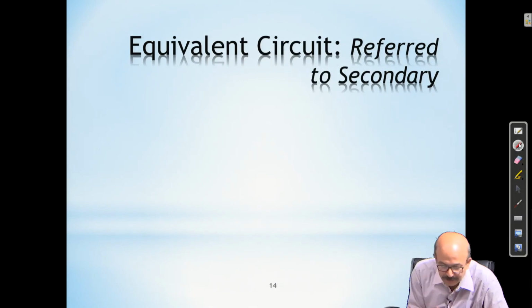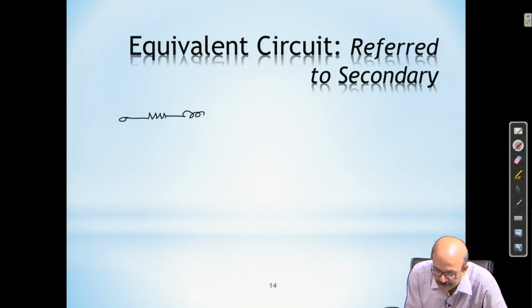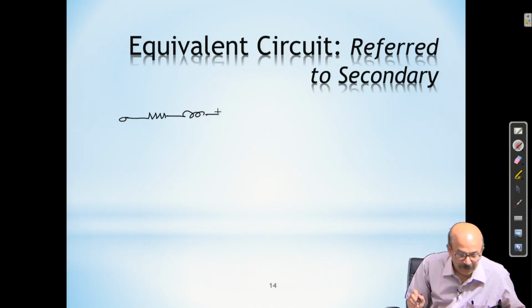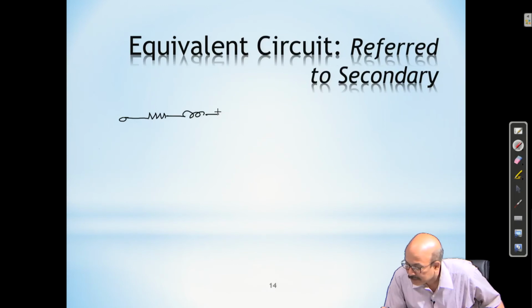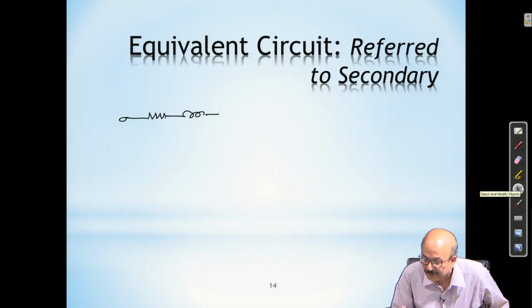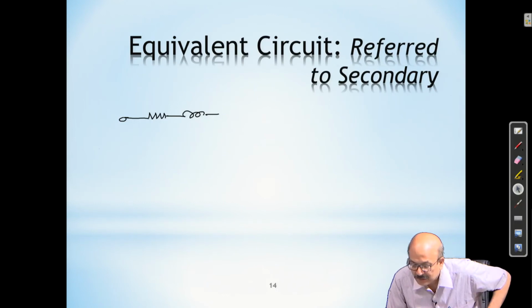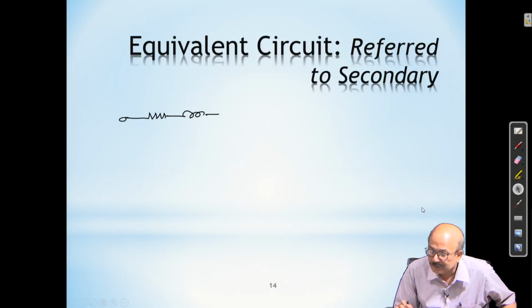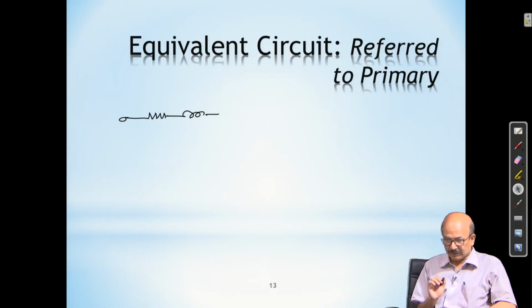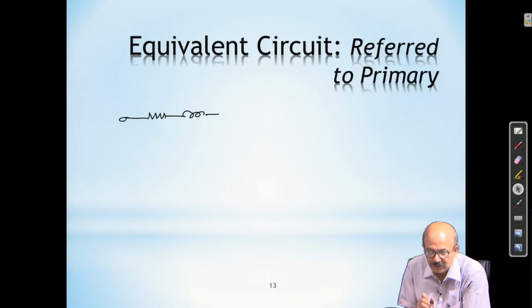This is very important. I think first we should go to the approximate equivalent circuit, but we will go to the previous one, referred to the primary side. First, let us do this, and then we will go to the other thing.